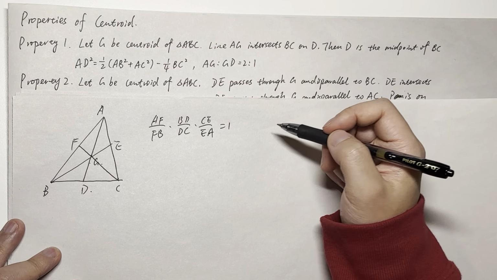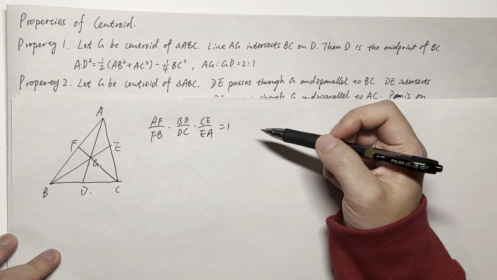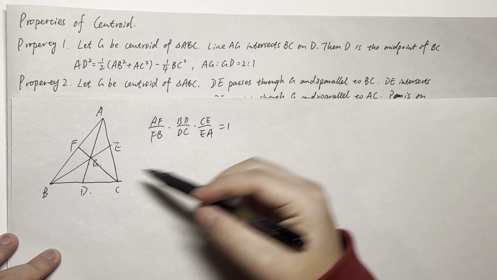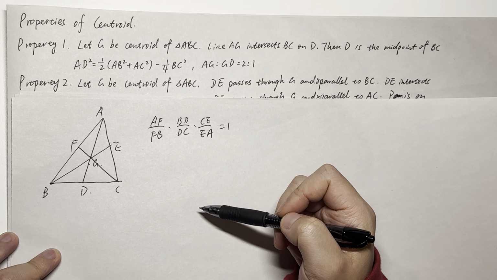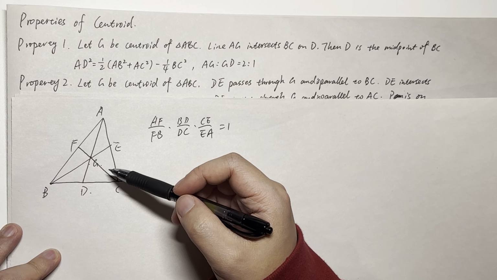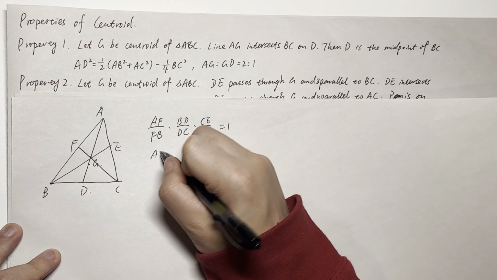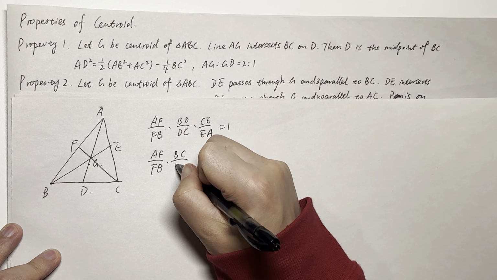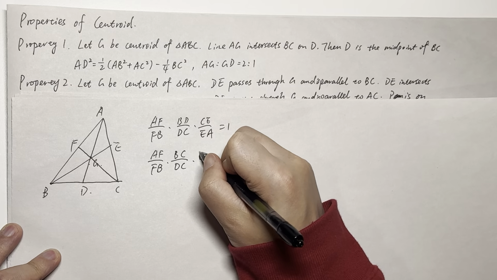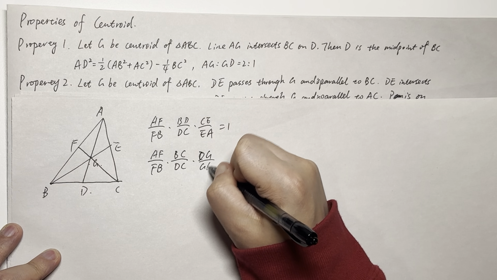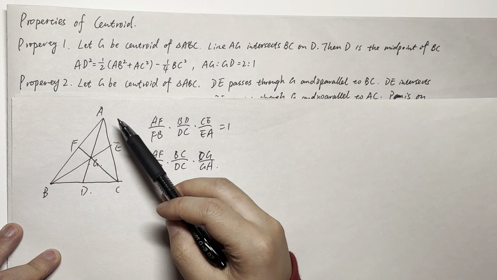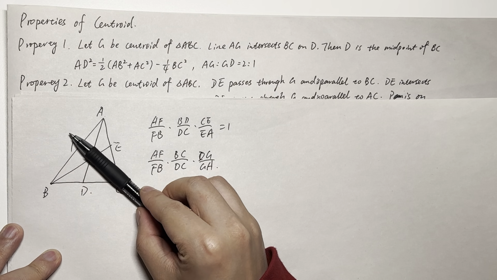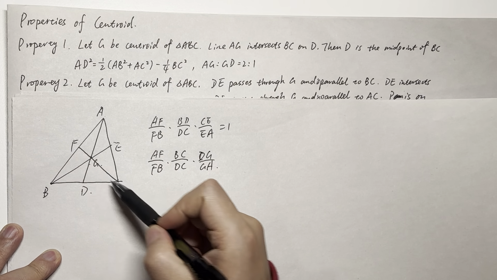Then we use the converse of Ceva's theorem. We know that these three lines are concurrent. We call the concurrent point G. Then we can use Menelaus' theorem on triangle ABD and the intersecting line FGC.